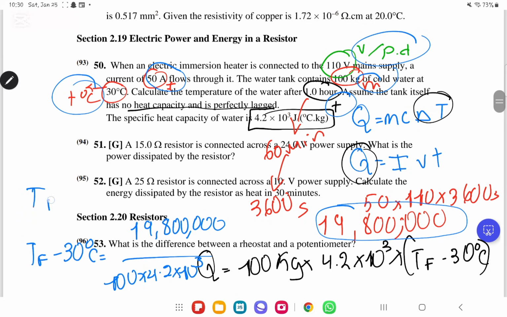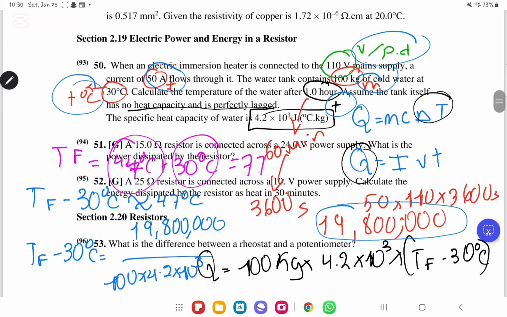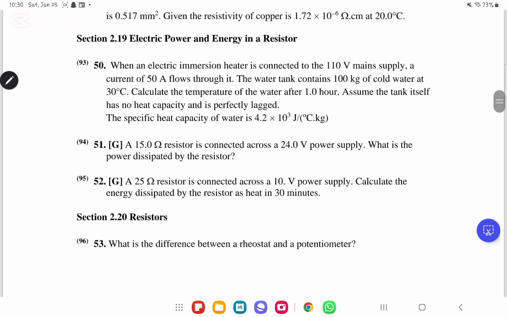So temperature final minus 30 degrees Celsius is equal to approximately 47 degrees Celsius. So that means temperature final is equal to 47 plus 30, which will give us an answer of 77 degrees Celsius. So for this first question, the answer is gonna be 77 degrees Celsius.